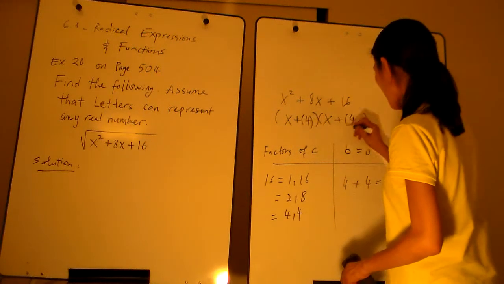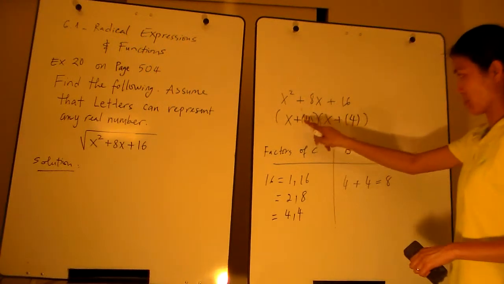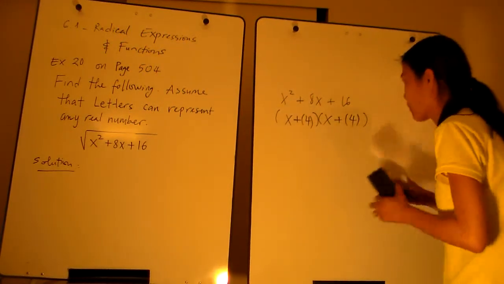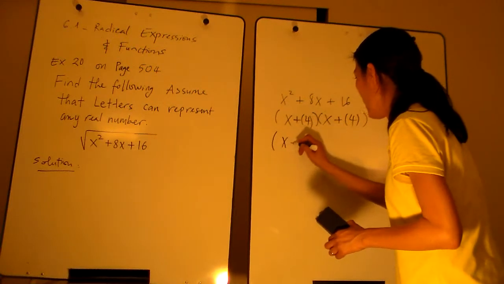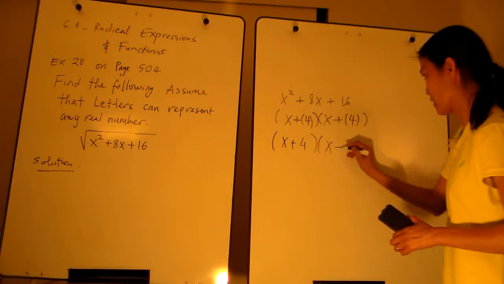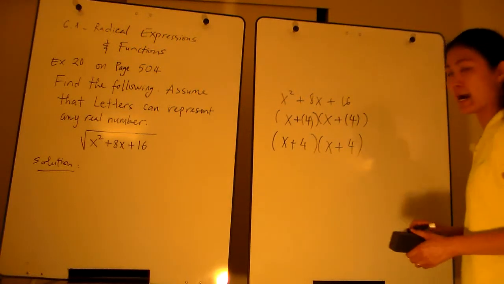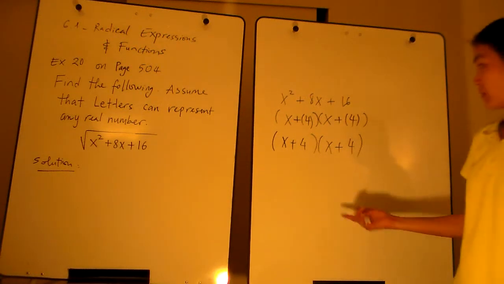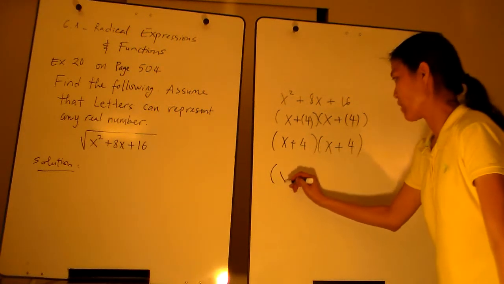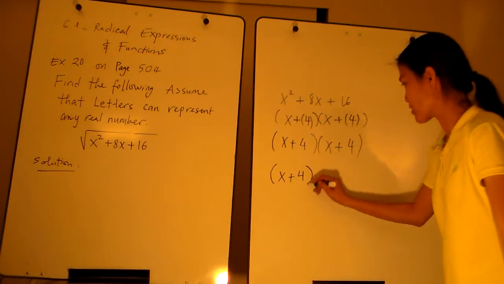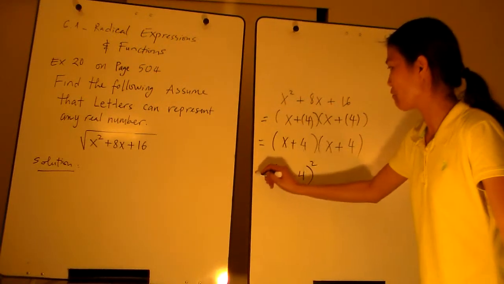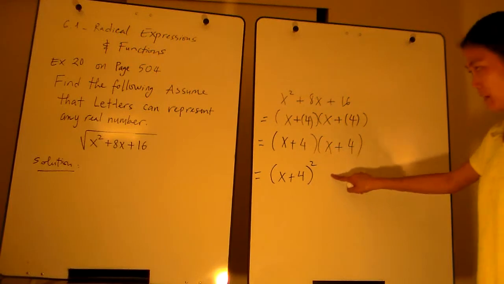Simplify further, you have x plus 4, and x plus 4. Now, as you know, these two factors are the same, so you can rewrite this as x plus 4 squared. So this trinomial can be factored to this form.